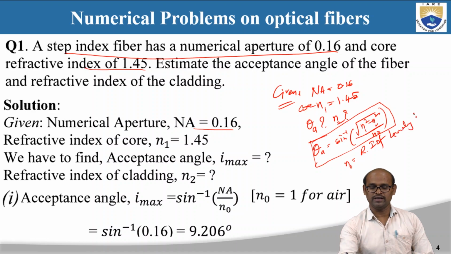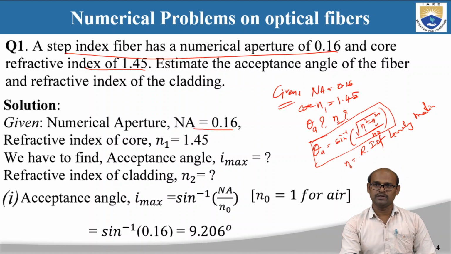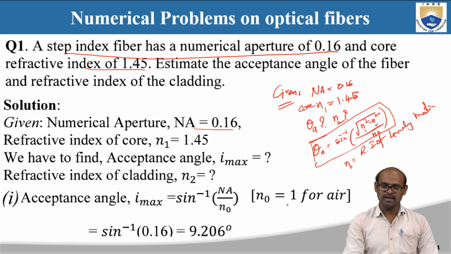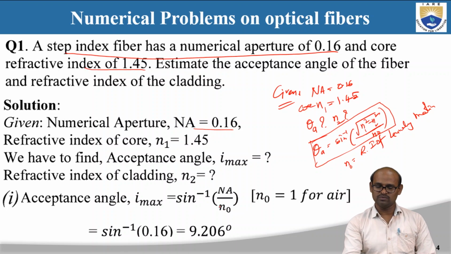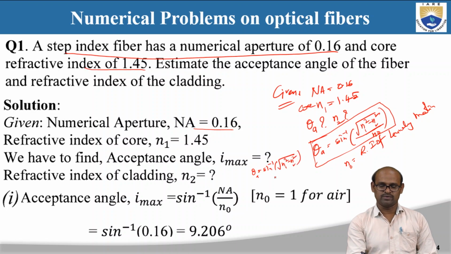We are launching the light into the fiber, so whatever launching medium we consider, its refractive index is n0. If we take air as the launching medium, n0 is 1. So I can simply write sine theta A equals square root of n1 square minus n2 square.